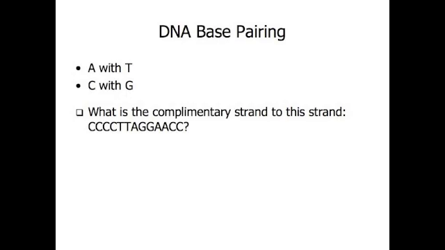The base A always pairs with T, and C always pairs with G. Consequently, if the base sequence of one of the spirals is C, C, C, C, T, T, A, G, G, A, C, C, the base sequence of the other must be G, G, G, G, A, A, T, C, C, T, G, G. That is why researchers sequencing part of the human genome describe only one sequence of nucleotides when presenting a DNA sequence, even though that DNA is double-stranded in our bodies.